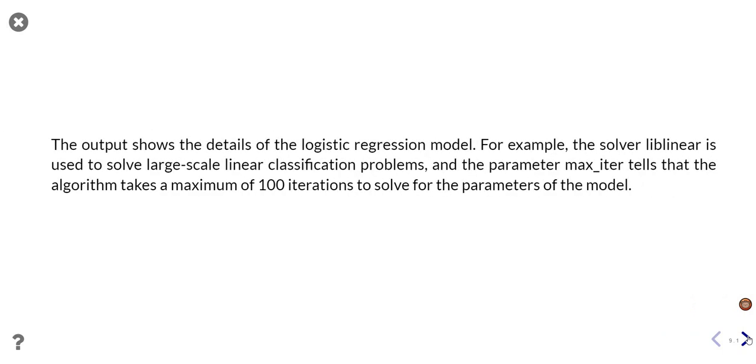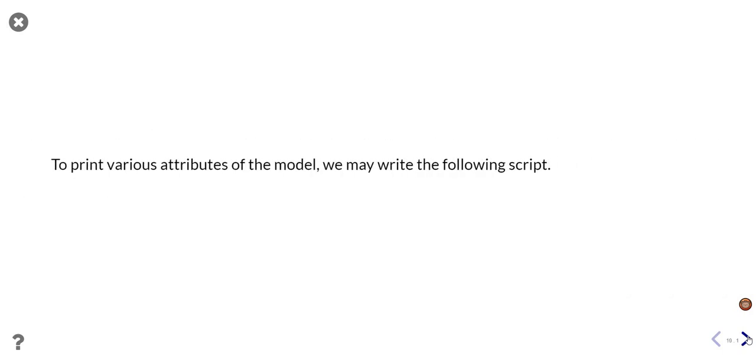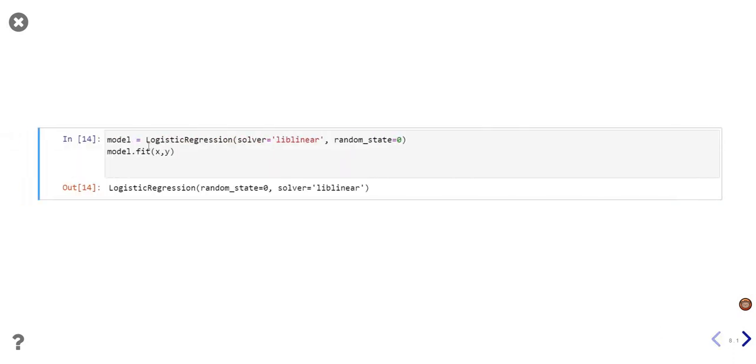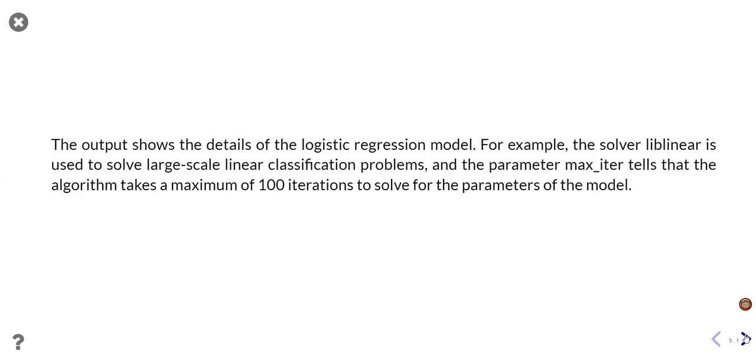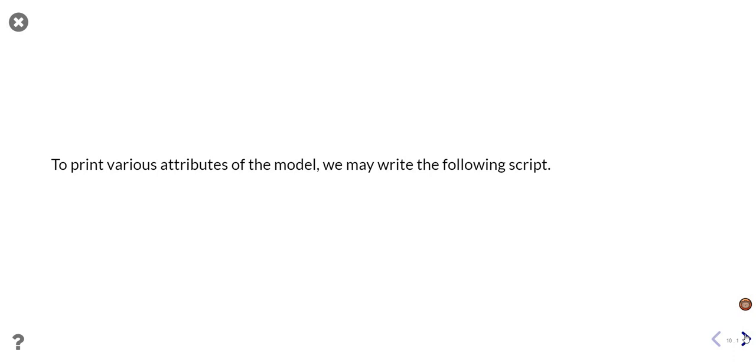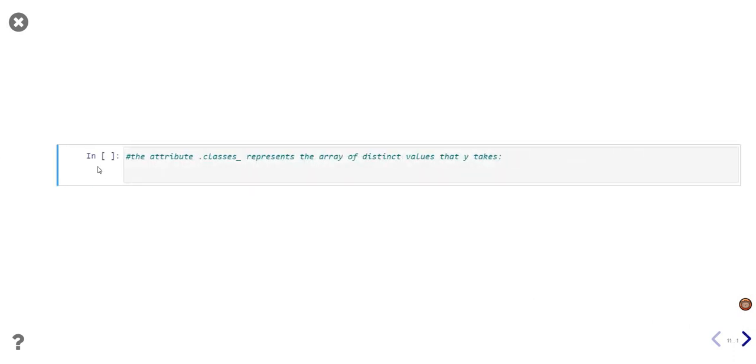That's fine. So here we have run the model, and it shows that this is the solver that will be used. To print the attributes of the model, we can write the following script.